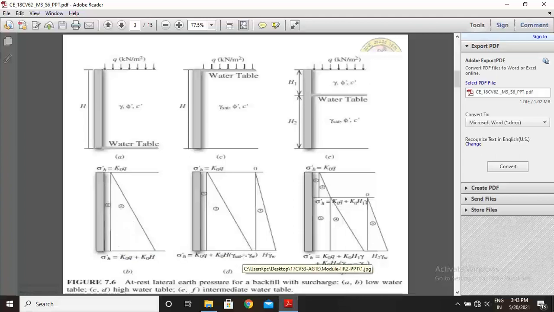And in this case the water table is at the top of the surface. So let us see how to draw the pressure distribution diagram.